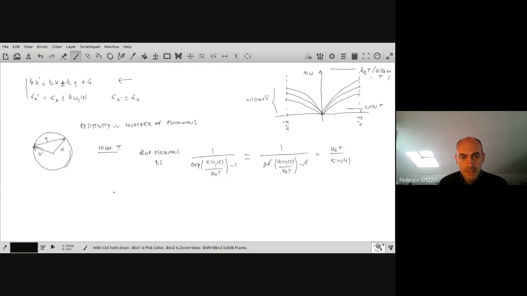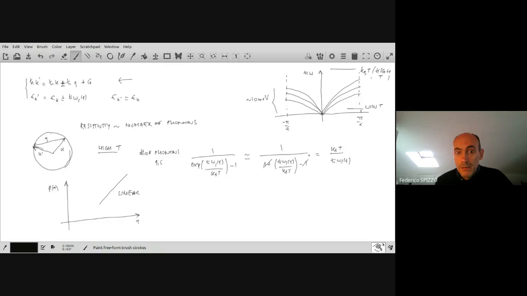So that's why you expect, in the plot of resistivity as a function of temperature, a linear dependence of the resistivity on the temperature. That depends on the fact that, again, the number of phonons is linear in the temperature.